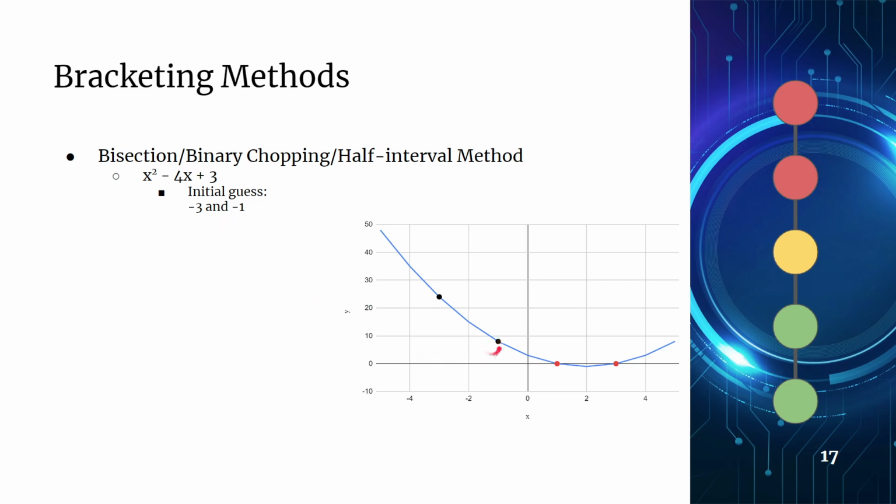For -1, looking at the graph, the value is very close to 10, somewhere between 7 and 10. So we can easily say that if we multiply these two values, the result will be a positive number, not a negative number.